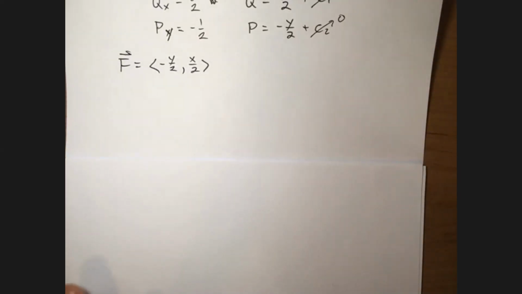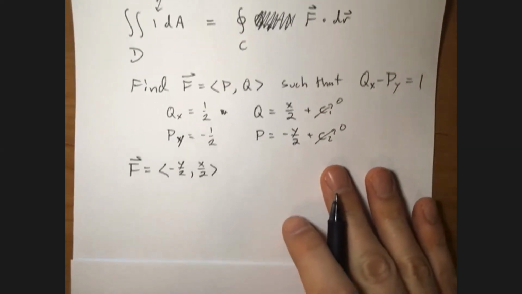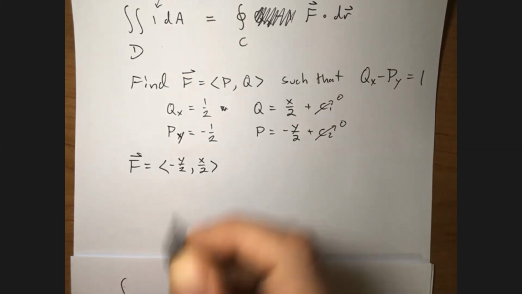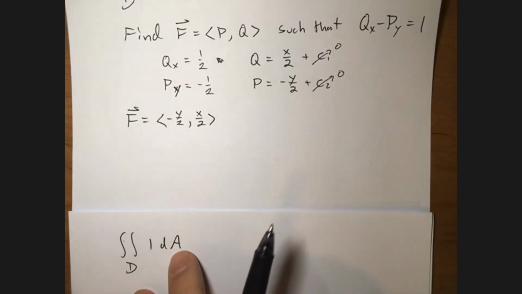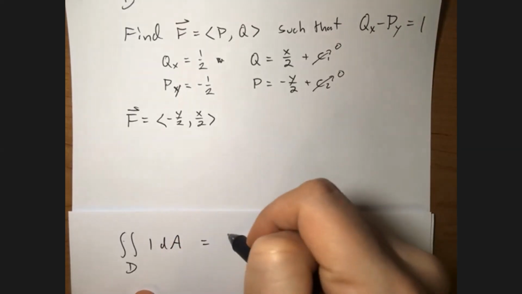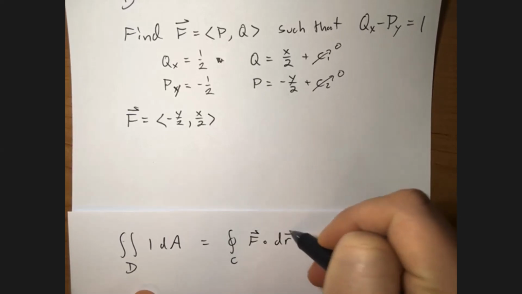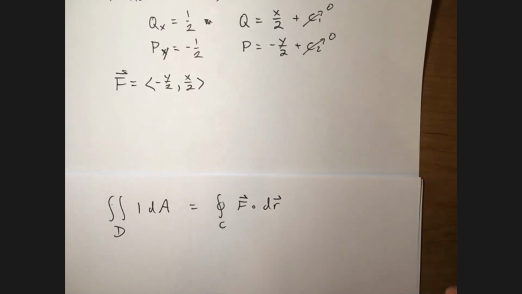Okay? So to do a line integral, let me write this out fully so we can see everything on this sheet. We're integrating the area, we said that's the same as the integral of F dot dr. Okay. How do we do this?